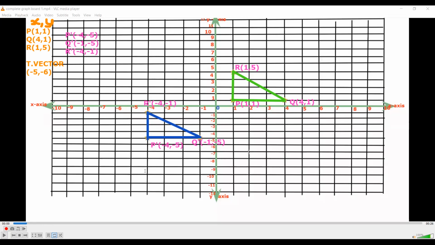You can also do the calculations and then compare the answers, but it's advisable to always do the calculations first, like the one that you first did. You do the mathematical calculation whereby the point is added to the translation vector to get the image. Then the graphical one is the secondary method that will help to verify whether your answers are right.